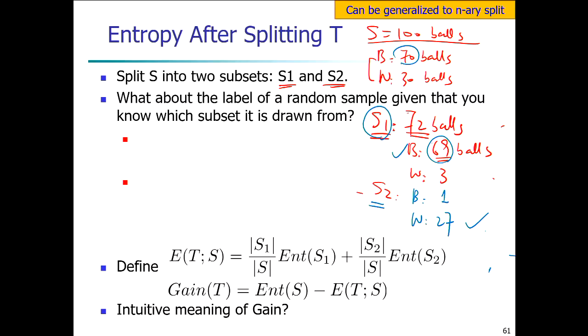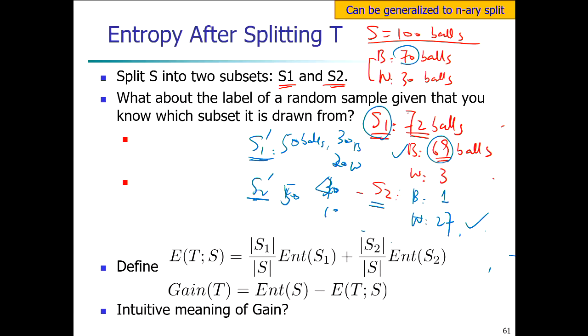You can imagine that if I divide it another way, for example, also the balls have shapes, but roughly speaking, if I divide it into S1 prime and S2 prime, and S1 prime has, let's say, 60 balls, about 30 of them black and 30 white, and 40 balls here, I think you can work it out. So let's say 50 balls: this is 20, this is 30, and this is 40, and 10. So you get the idea.